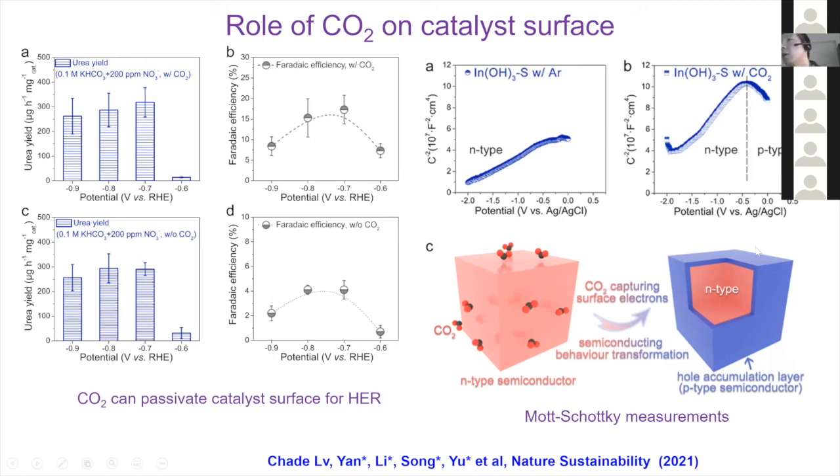This finding can be useful for other reactions like nitrogen reduction and carbon dioxide reduction. If you do not want HER as a competing reaction, you want to inhibit the HER process in your reaction. This could be one of the strategies.